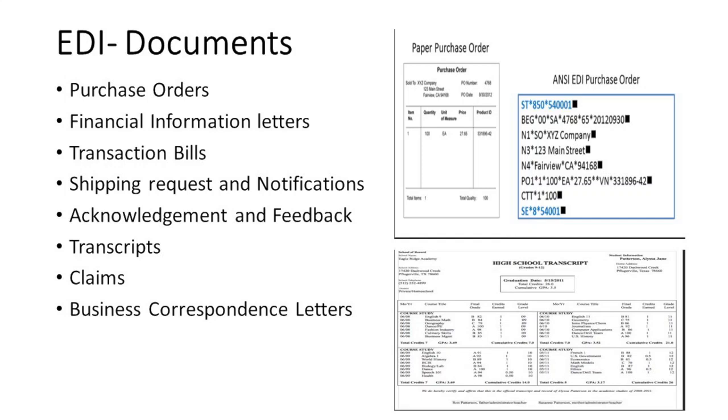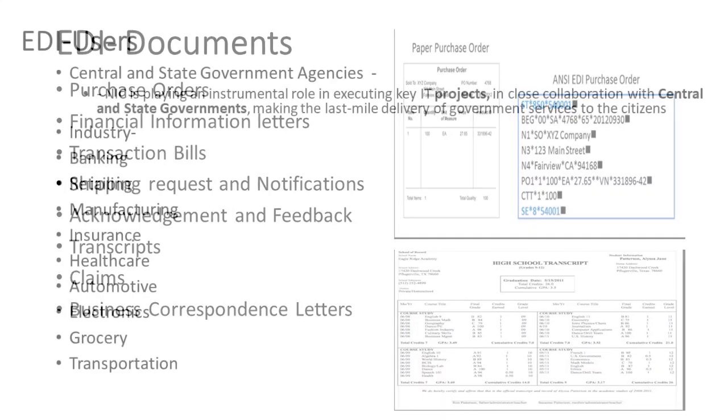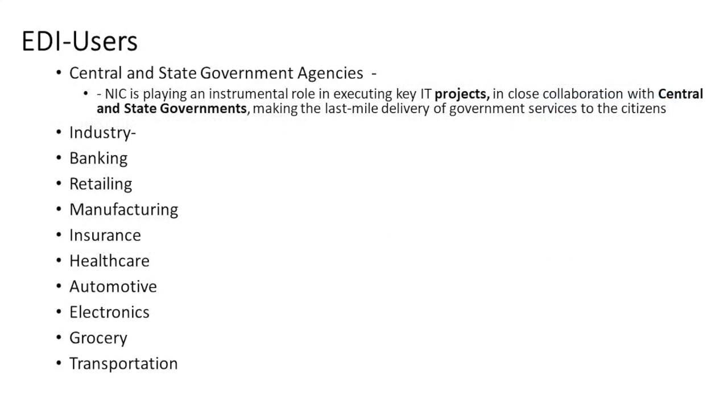Transcripts, marks memos, claims, business correspondence letters, like that. EDI users are industries. All industries, many industries, are using it. Banking industries, most of the banks are using this; each and every bank is computerized. Retailing industry: in this video we took the example of Walmart, which is a retail industry.